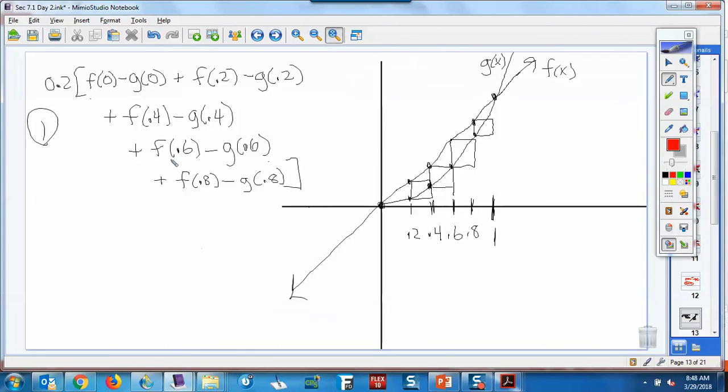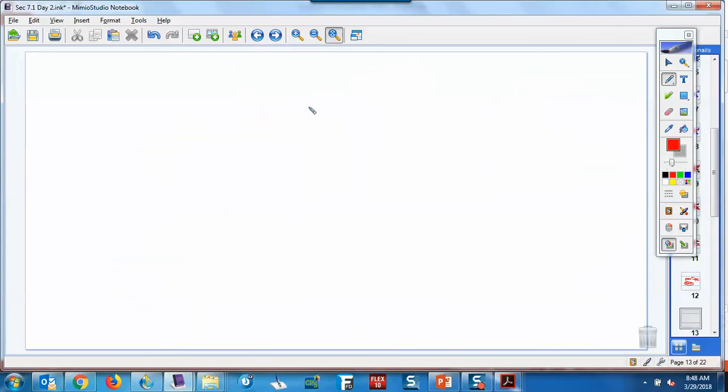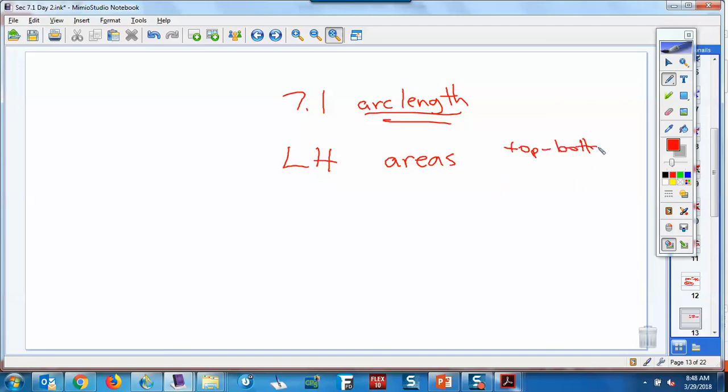Okay, so next line of your packet, there's a few in the book. Those are the arc length ones. So it's the next, there's 2 lines actually. And that LH packet I gave you, that LH packet is some areas. Those are just areas between. So those are some right minus left, top minus bottom, right minus left kind of practice.